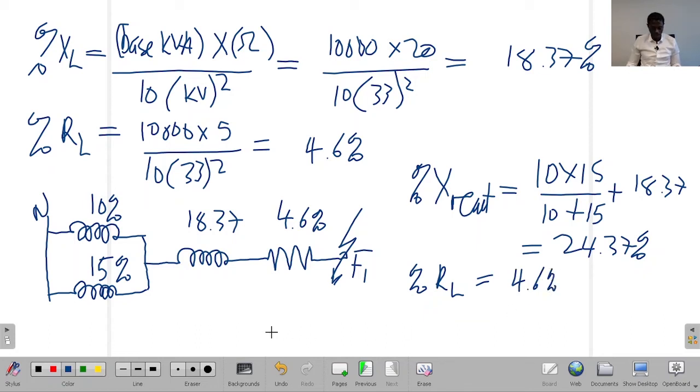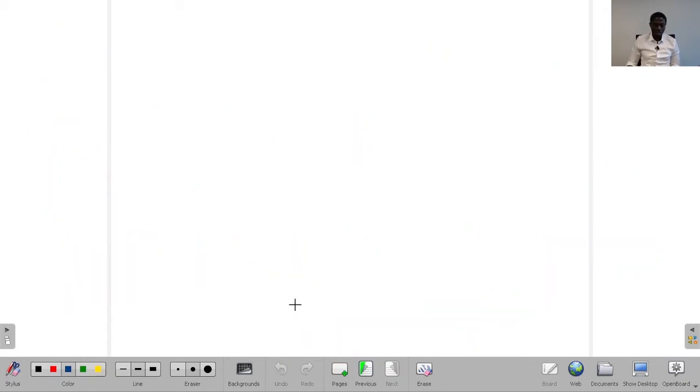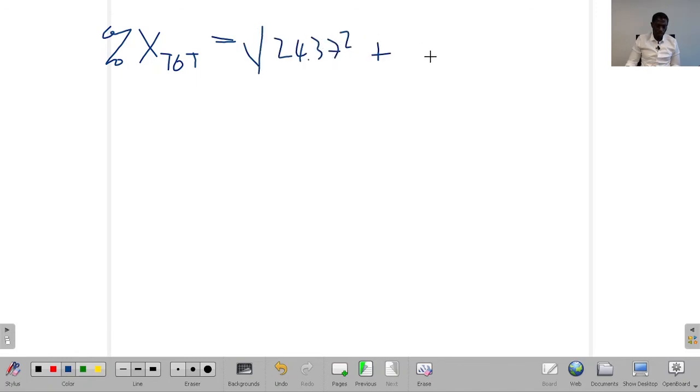Now for the overall total reactance, this is the vector sum of the percentage reactance squared plus the percentage resistance squared. So we get our total percentage reactance equal to the square root of 24.37 squared plus 4.6 squared, which gives us 24.8%.